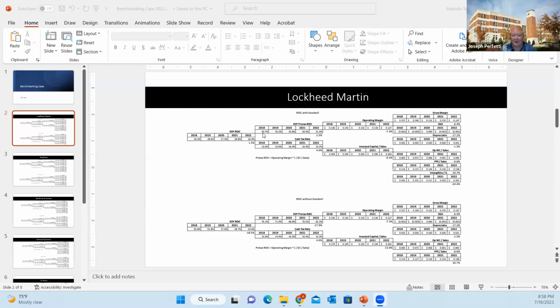So we can follow. The ROIC went from 30.7% to 31.4%, which is a 2.3% increase. That is positive for the company because they are generating more return on their investment.